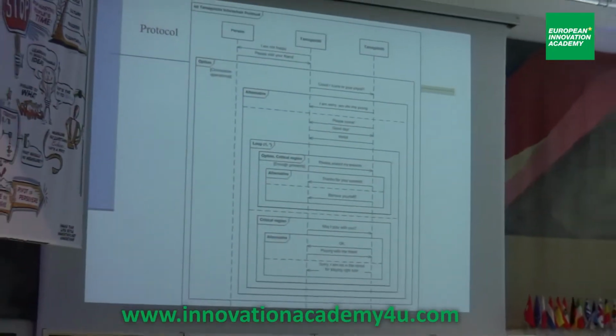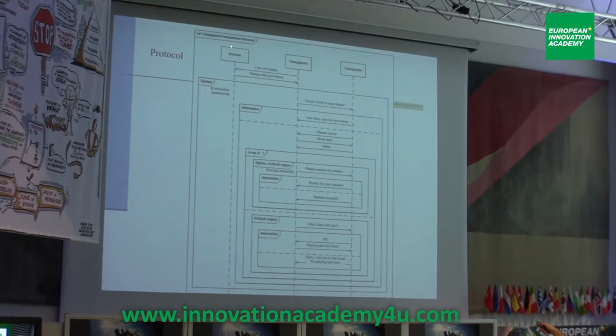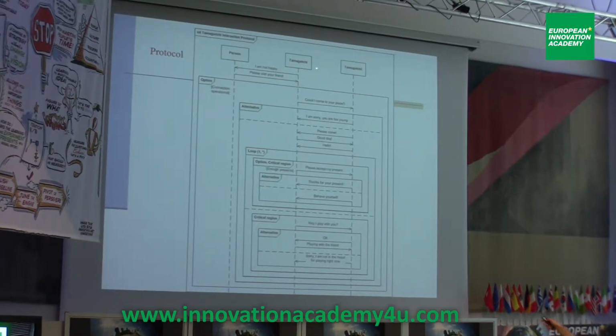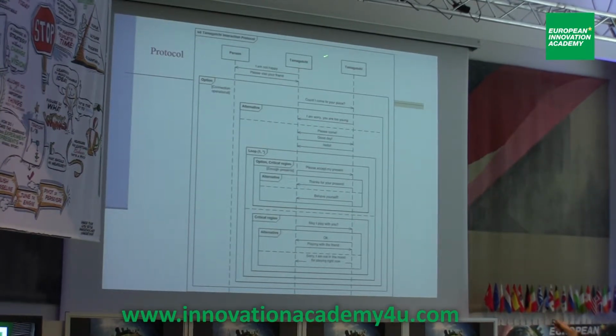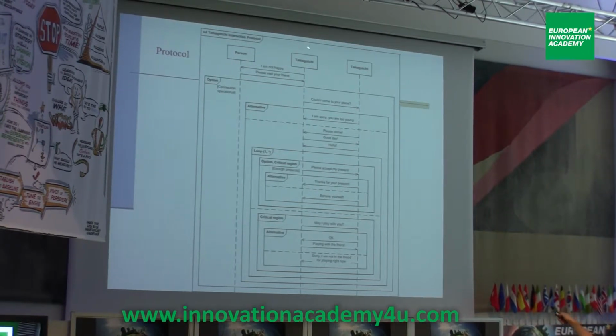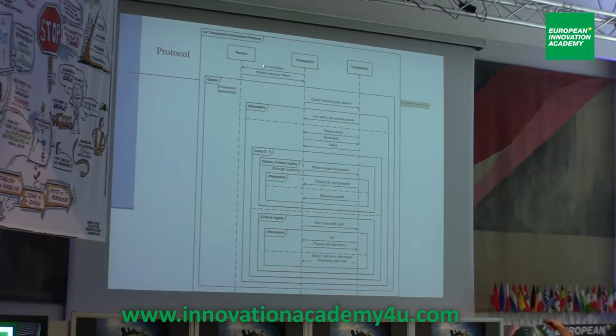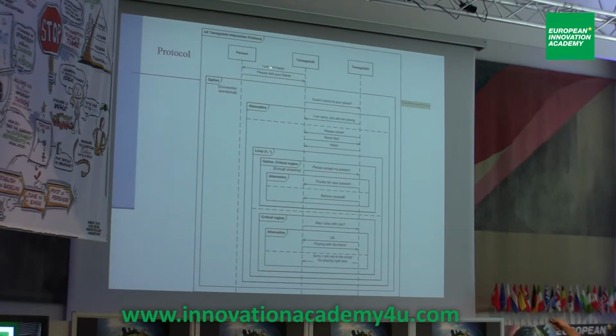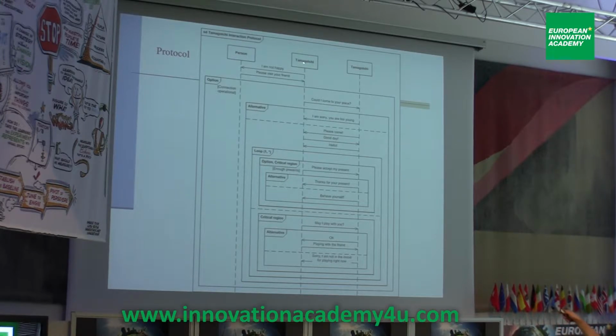So here we have two agent types represented, Tamagotchi and person. But as we're talking about the Tamagotchi interacting with its friend, this Tamagotchi is represented twice.